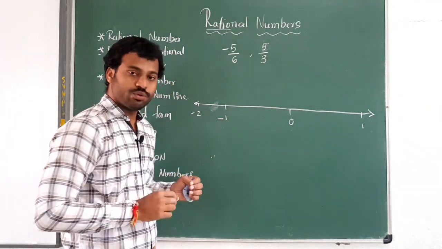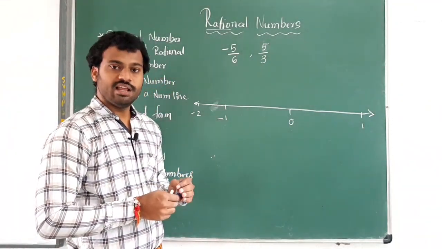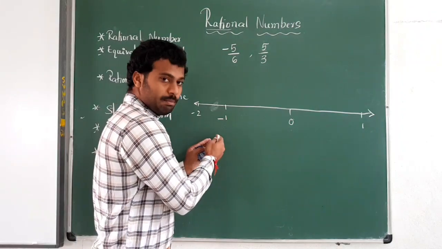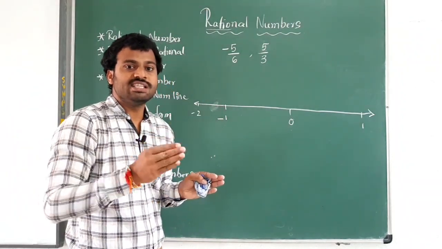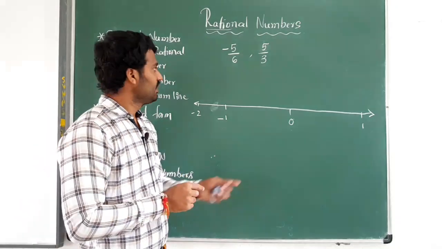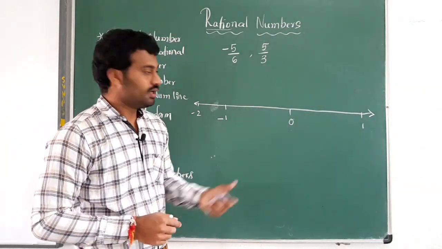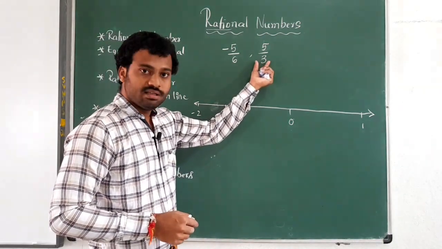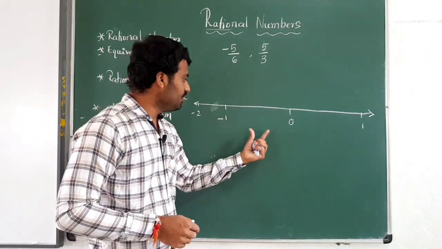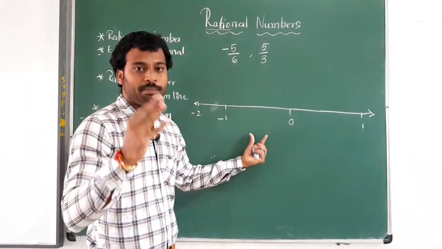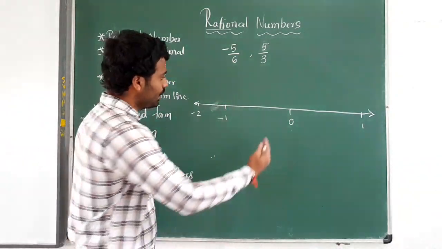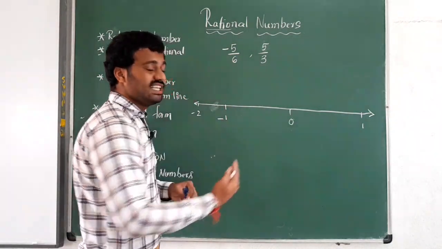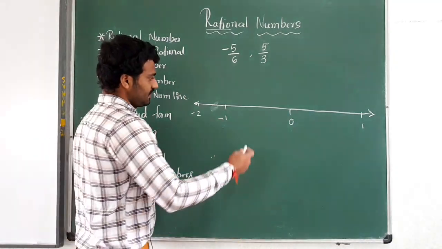Minus 1 to minus 2 is 1 unit. Clear or not? So on the number line, each unit you have to divide into 6 equal parts. It depends on the denominator. If you are trying to represent 5 by 3, then you have to divide each unit into 3 parts. But here the denominator is 6. So you divide each unit into 6 equal parts.